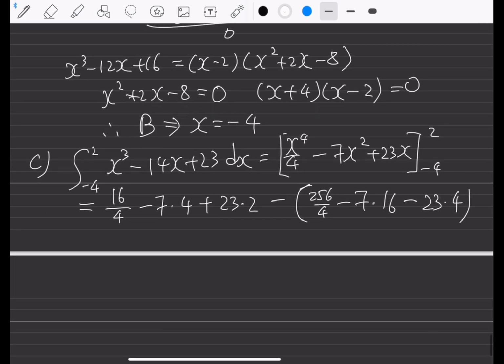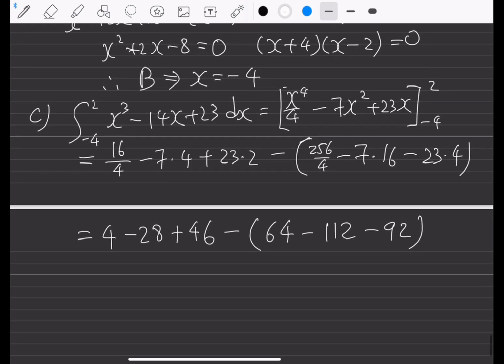Now let's calculate what we have. 16 over 4 gives us 4, and take away 28 plus 46, then take away, inside the bracket we have 64, take away 112, and take away 92.